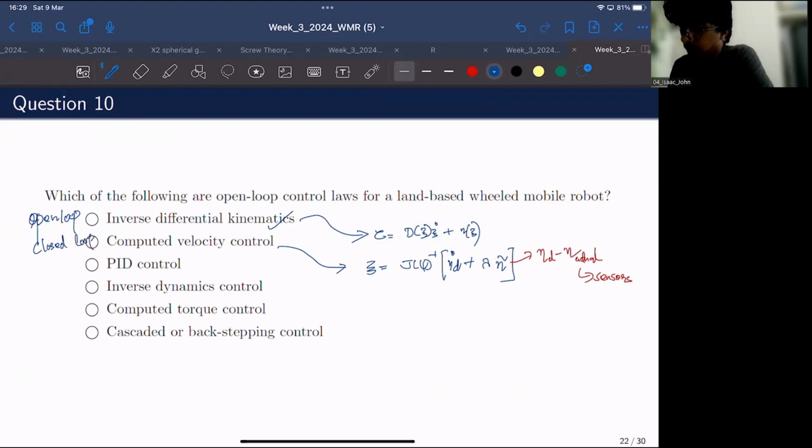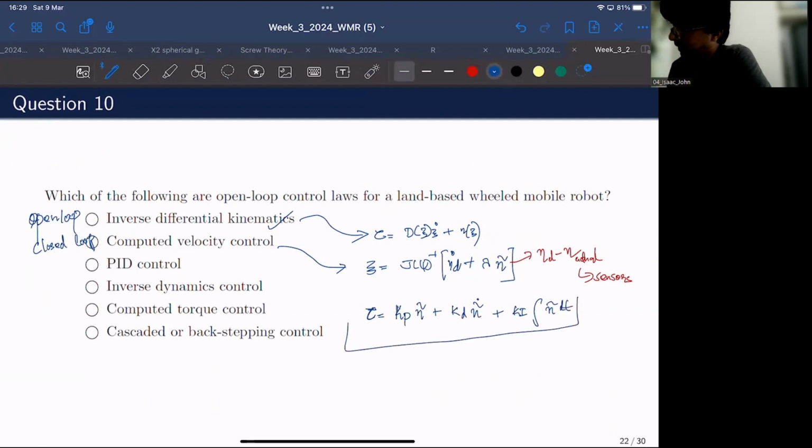So what about this PID control? PID is a model-free control. It does not have anything to do with the model. So you can simply define a PID control law as tau equals Kp multiplied by eta tilde plus Kd eta tilde dot plus Ki into the integral of eta tilde.